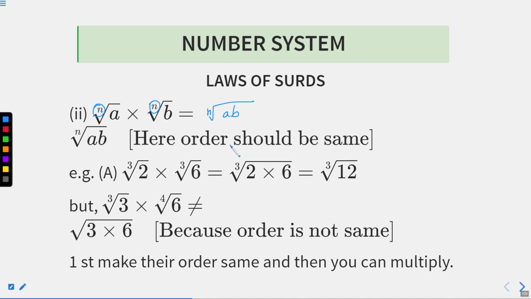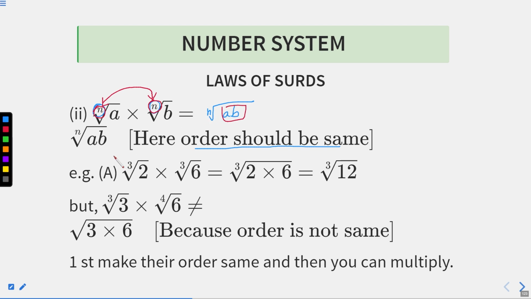The order should be the same. By order we mean what root we are taking. So if these values are the same, then we can rewrite it like this.